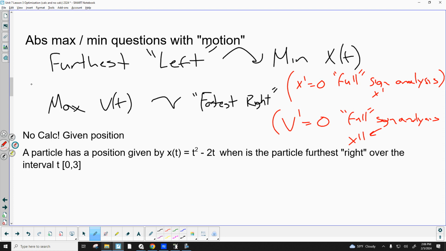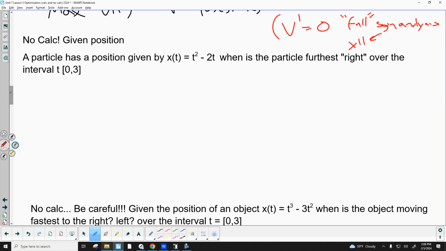So here is our first question when I'm asking you for furthest right. It's still just like finding a max of f. You think of position as being your f function. They're giving you an f. You're going to take the derivative. You're going to set it equal to 0. Do it. It's always going to be your first step.